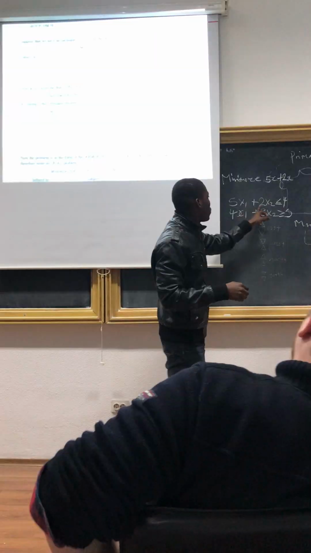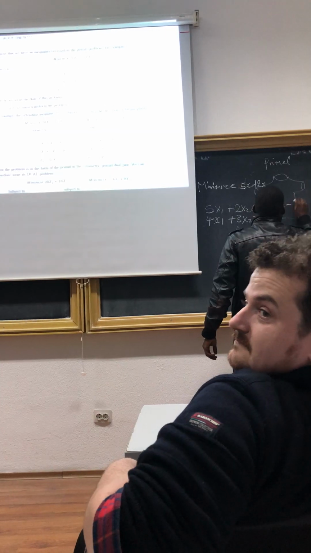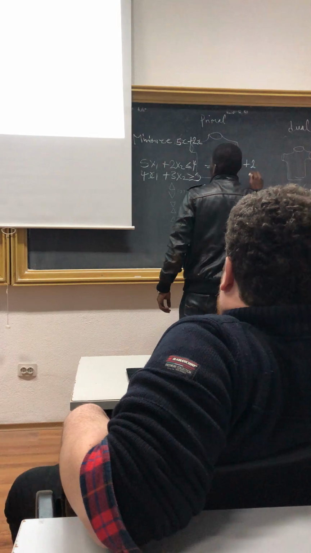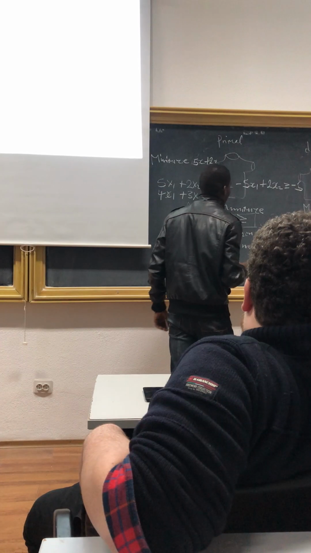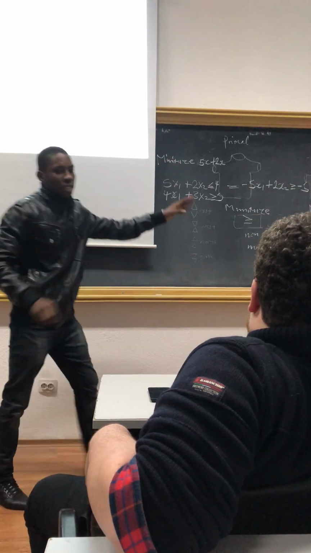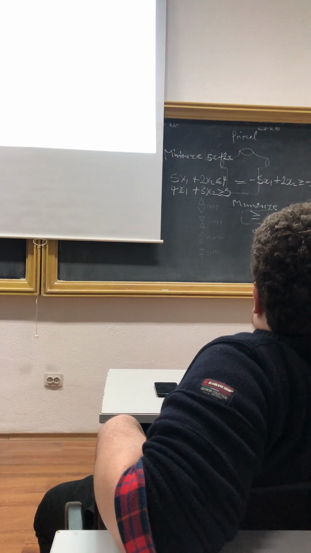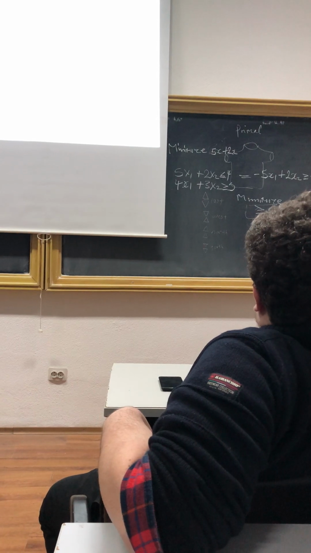So once we multiply it by minus 1, we change the formation: minus 5x1 minus 2x2 greater than or equal to minus 4. So we've changed the inequality to the other direction. So these are the key things. Once you don't have the same inequality, you change the inequality and you use the simplex method to solve it.